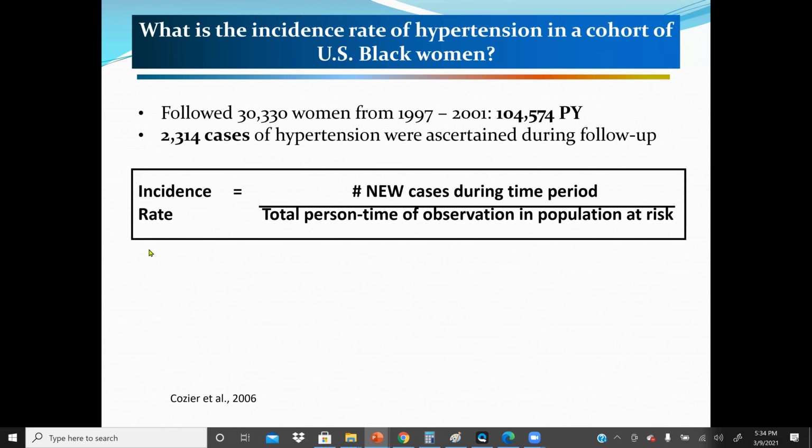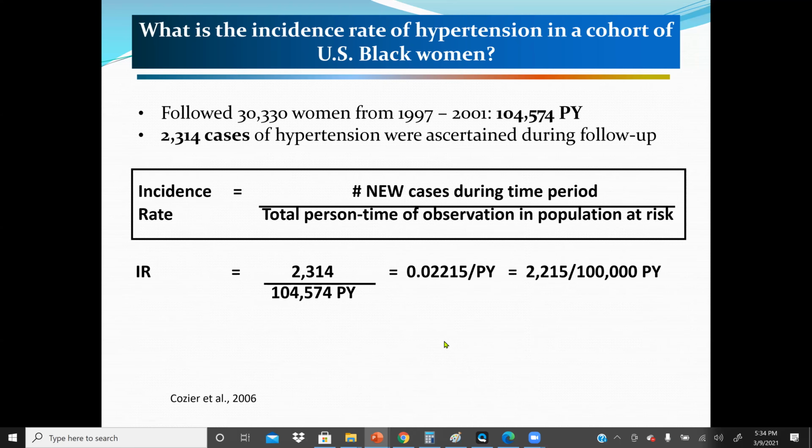So the incidence rate will be the number of new cases during the time period over the total person-time of observation in the population at risk. We have 2,314 new cases over 104,574 person-years, total PY. Then we get the value.